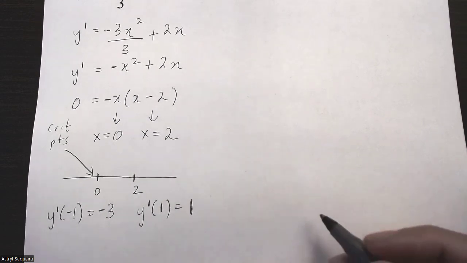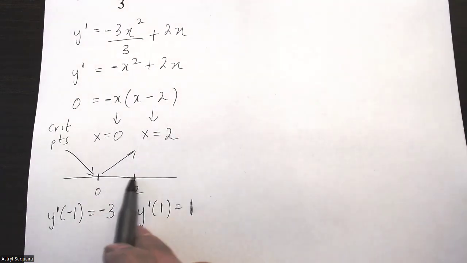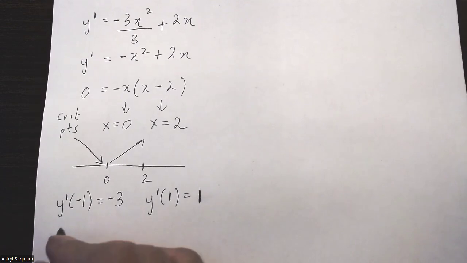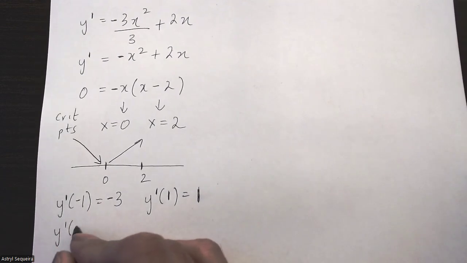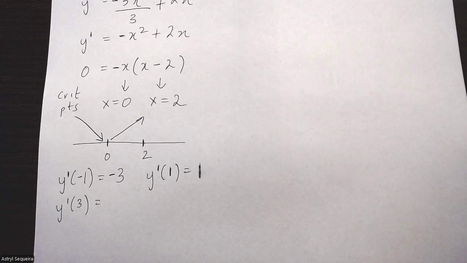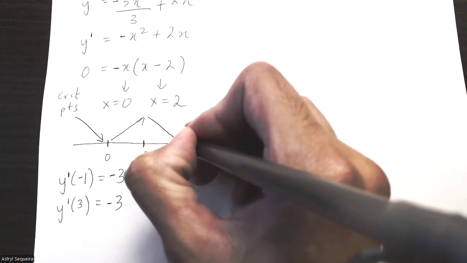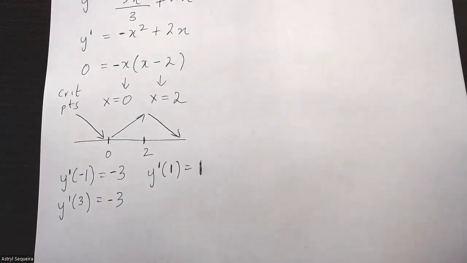Since it's a positive value, it means this interval is increasing. And then I'll pick a value greater than here. I'll do y prime of 3. And if I sub this into my calculator, I'll get -3 again, which means the final interval there is decreasing.